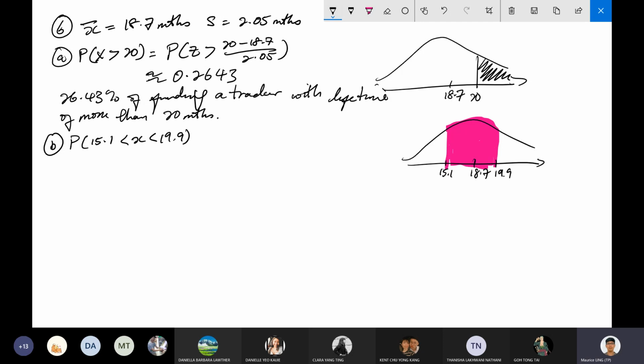So it is essentially 1 minus more than 19.9 minus less than 15.1.